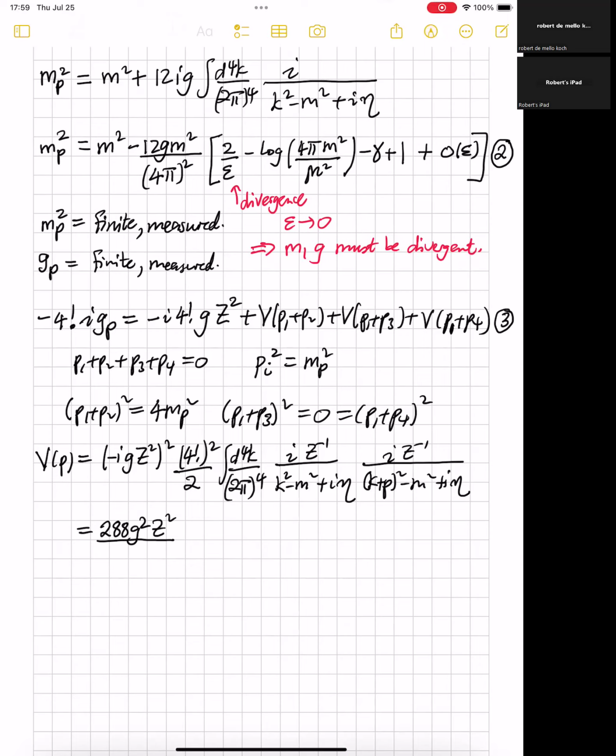288 G squared Z squared over 4 pi squared. Then we had the integral over the Feynman parameter, so from 0 to 1 dx.